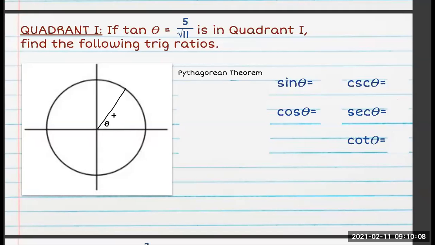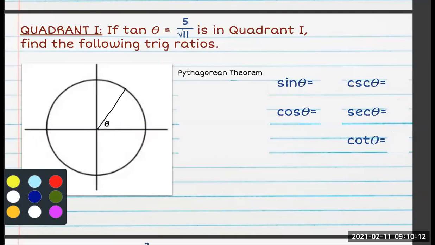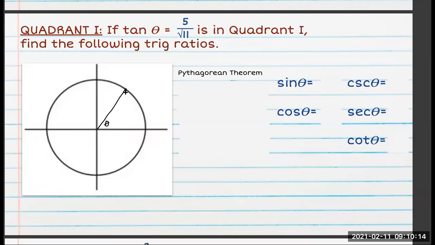Now let's form our right triangle here. Okay, tangent is opposite over adjacent, right? So this is your opposite. This is your adjacent. So your opposite side is 5 and your adjacent side is square root of 11.